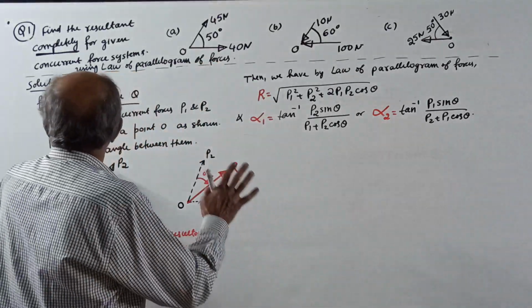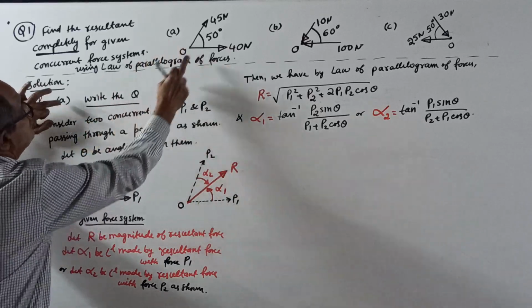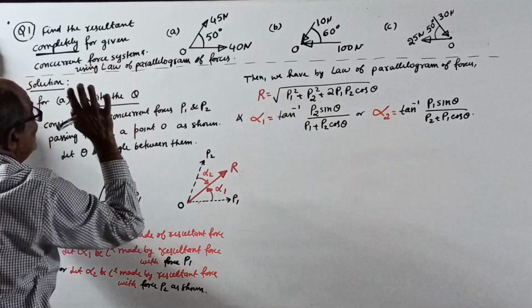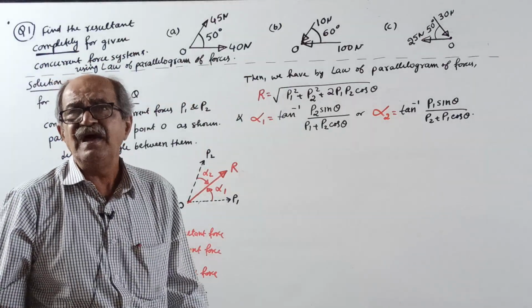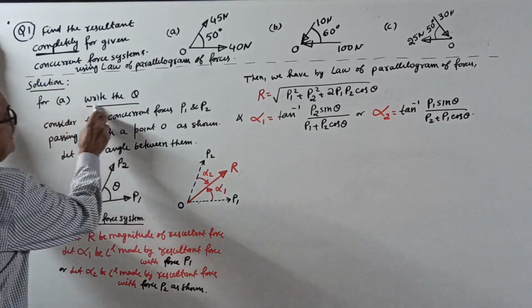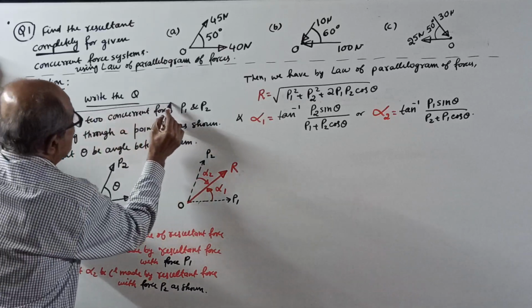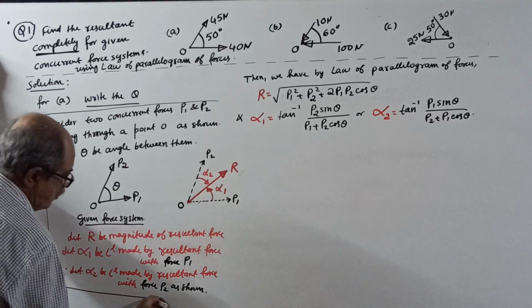Okay, start. For question A, write the question first: required to find the resultant completely. That means for all 3 questions, magnitude and direction right now. This statement I cannot write in every class. This is standard; I will write it today, and next time I won't write it in the class.